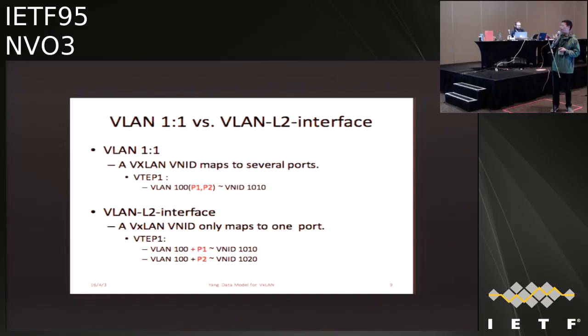For type 1, VLAN 100 plus port 1 will be mapped to VN ID 1010, but VLAN 100 plus port 2 will be mapped to VN ID 1020. So this is another VN ID. So this is the VXLAN access type. We have three values for this node.